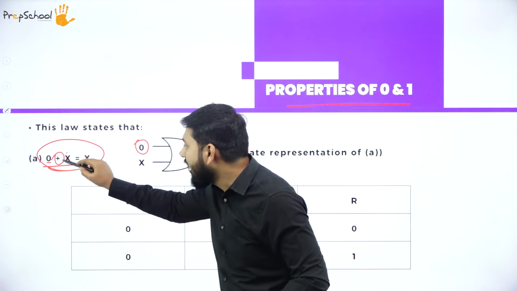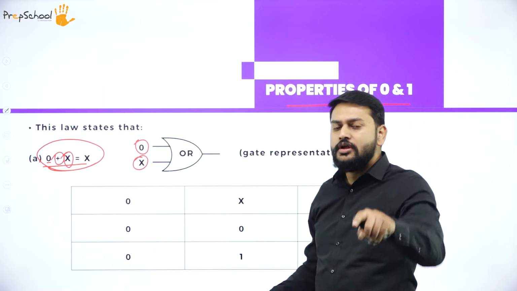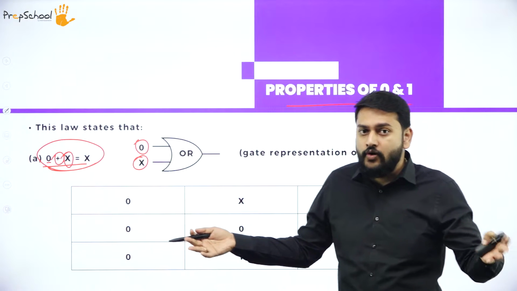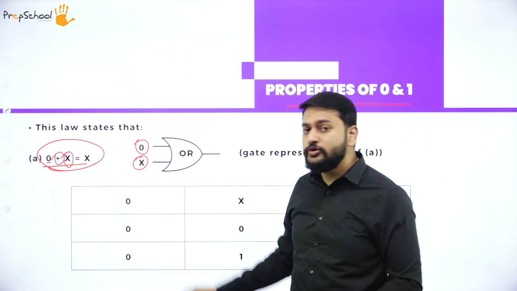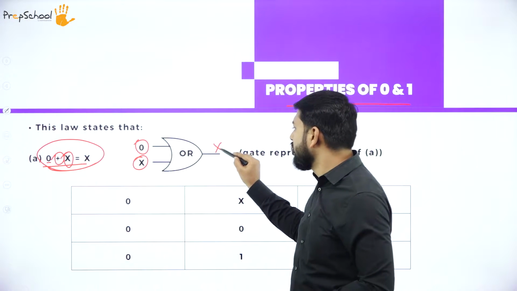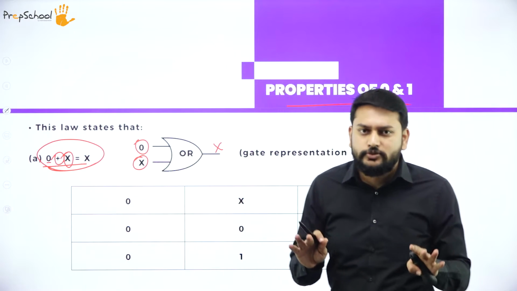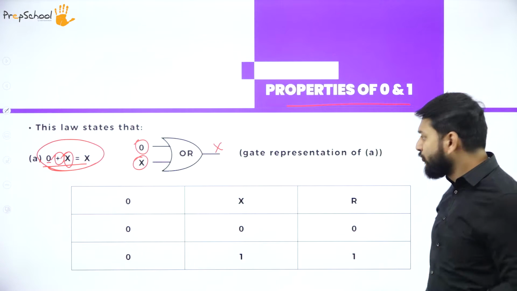Then the next one is x, so I'll write x as the second input. I don't know the value of x right now, you're just assuming. And the output should be x. So how do I prove this?